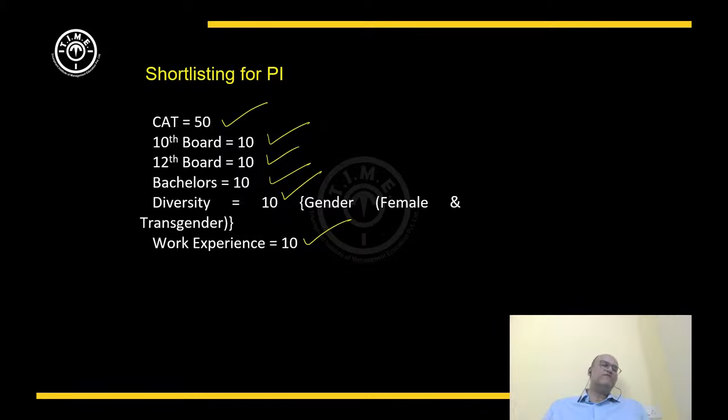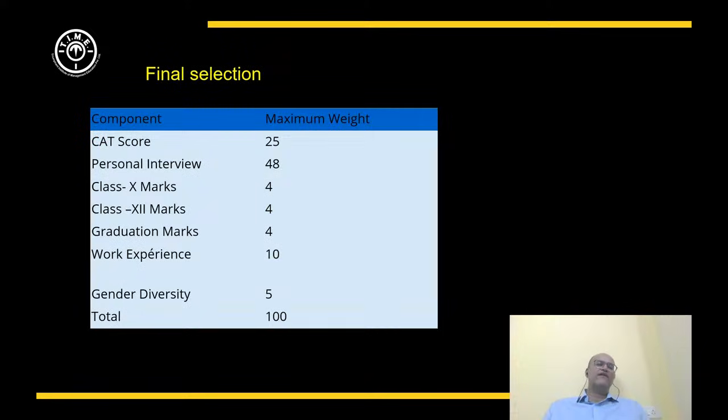Once those people were called for interview and the interview was conducted, that's when the final list of selected candidates was generated. Here, 25% weightage was assigned to CAT performance, and 48%, that is humongous weightage, for the personal interview round.